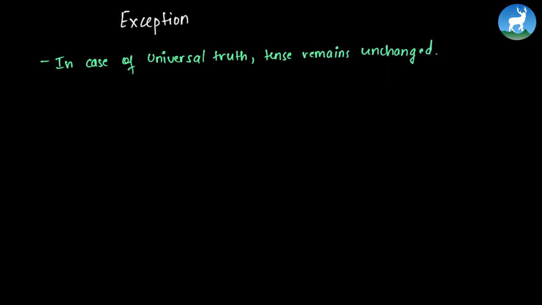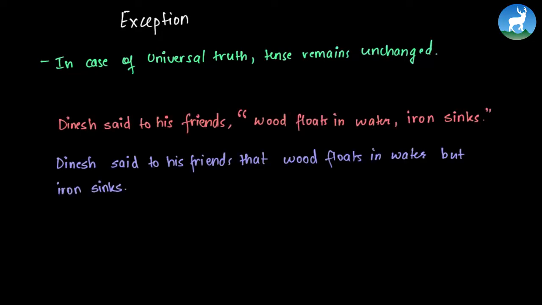Now above all, there is one exception. Even if the reporting speech is in past tense, the tense of direct speech remains unchanged if it contains a universal truth. So in case of universal truth, we don't change the tense. For example, Dinesh said to his friends, "Wood floats in water, iron sinks."